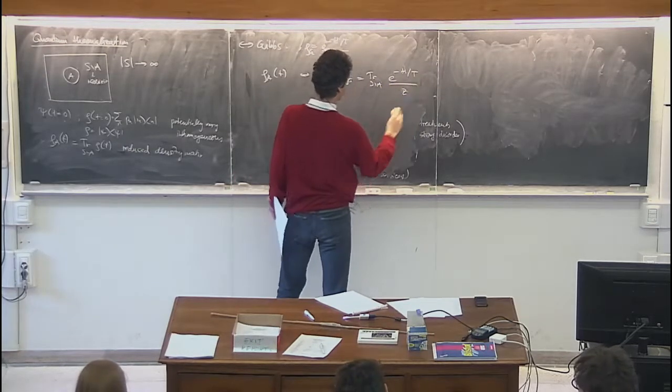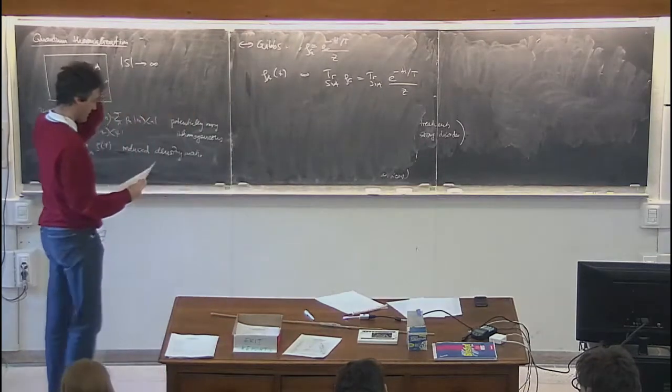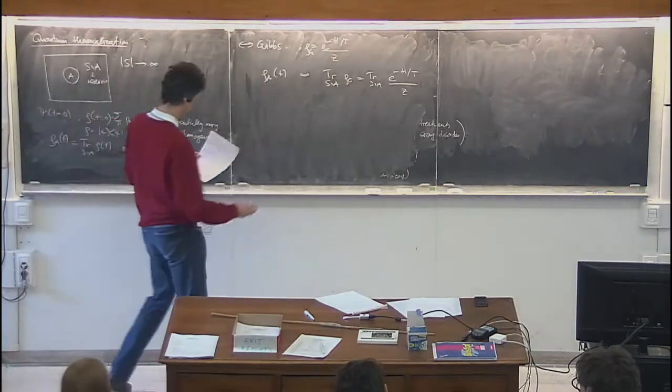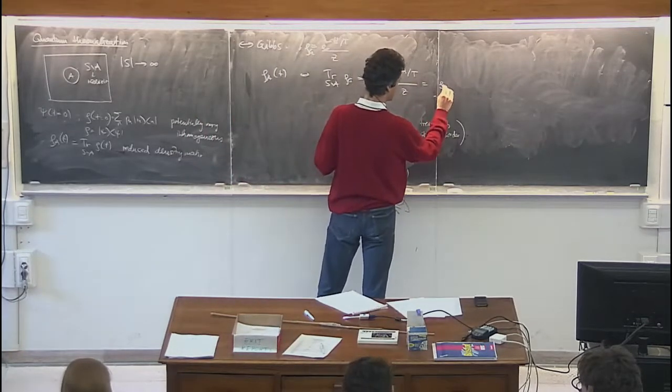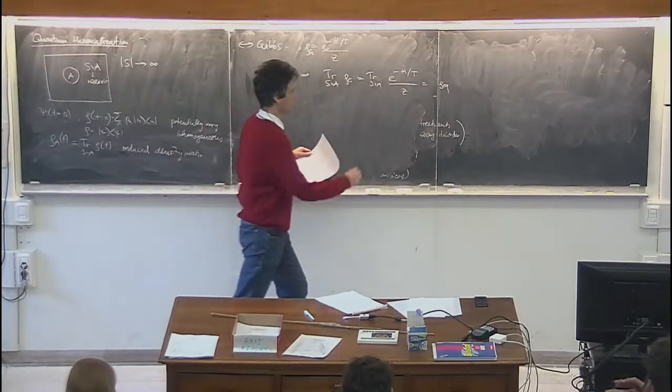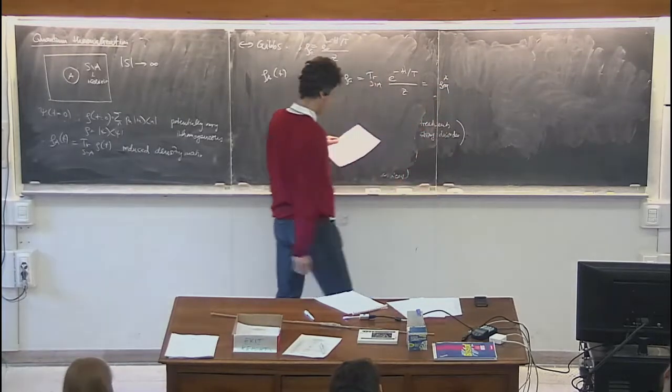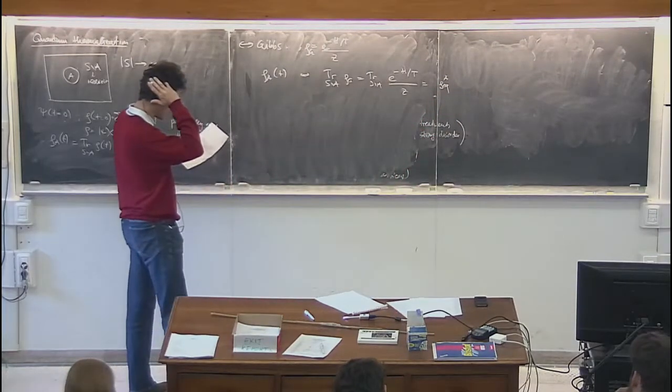Right. Okay. And so a priori it's not at all clear that there is a connection. So this would be the equilibrium density matrix of A, the reduced density matrix.